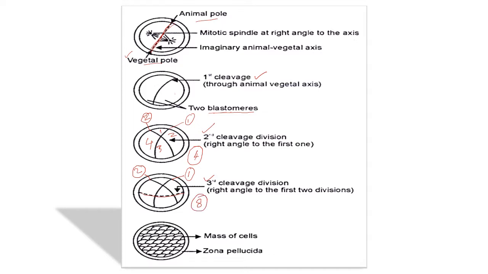Now this cleavage continues and occurs one after another and forms a mass of cells. This mass of cells is called a morula.